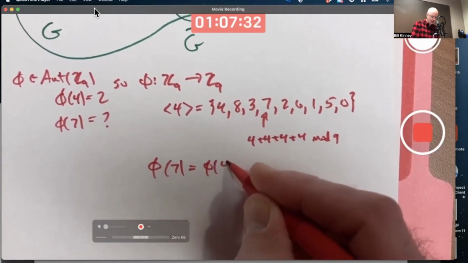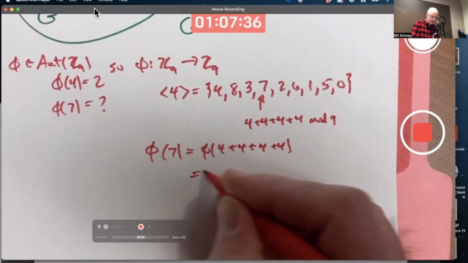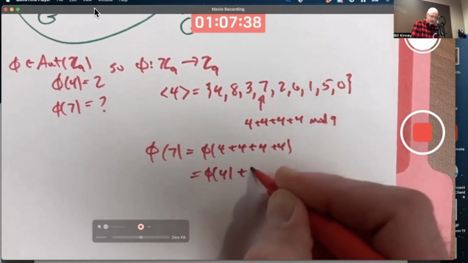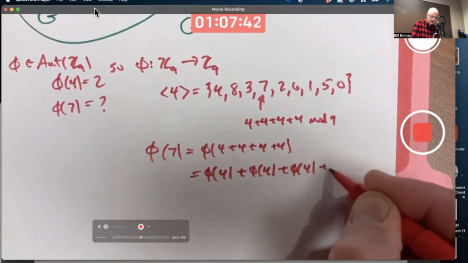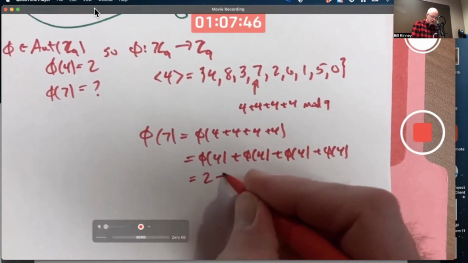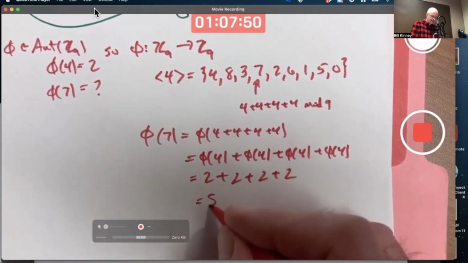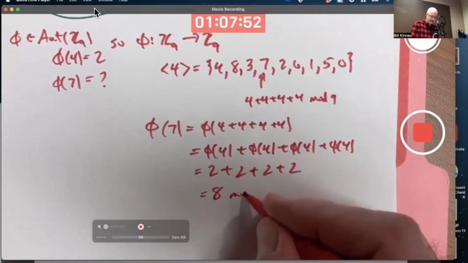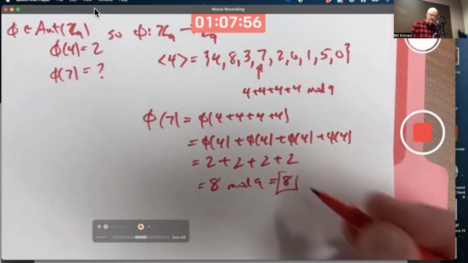Well, since 7 is 4 plus 4 plus 4 plus 4, and phi is operation preserving, you can write this. The group operation is addition. We're assuming phi of 4 is 2, so we get 2 plus 2 plus 2 plus 2, which is 8. Mod 9 is still 8. So the answer is that phi of 7 is 8.